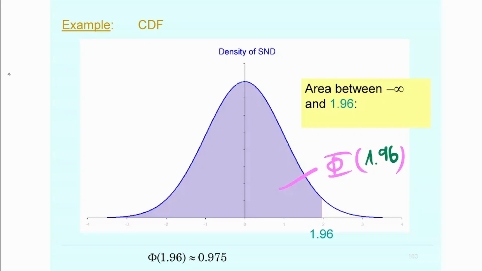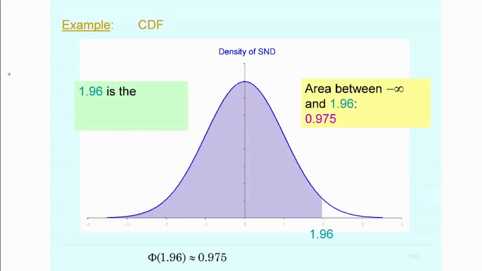Because that is the probability that the standard normal distribution would not be greater than 1.96. I think everybody has seen that before. All right, so I hope this is not new. So that would be the area left to 1.96, of course.